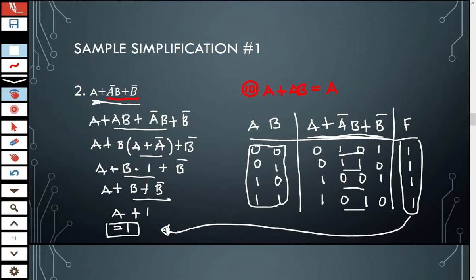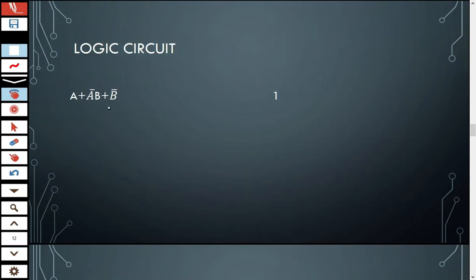Okay, so now let's try to write the logic circuit for this problem. For the unsimplified, let's start writing the logic circuit for this term. So we get B and then the NOT gate. Okay, then let's work on this.